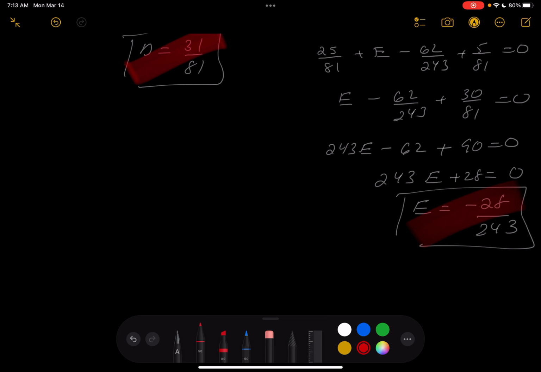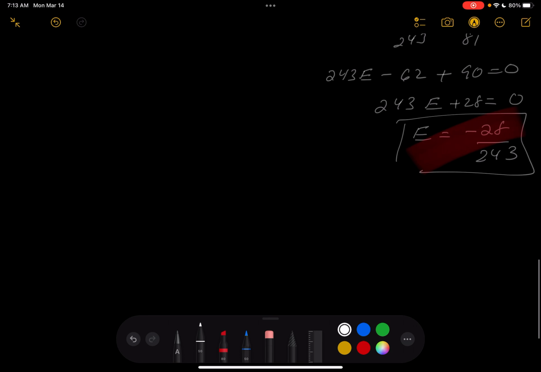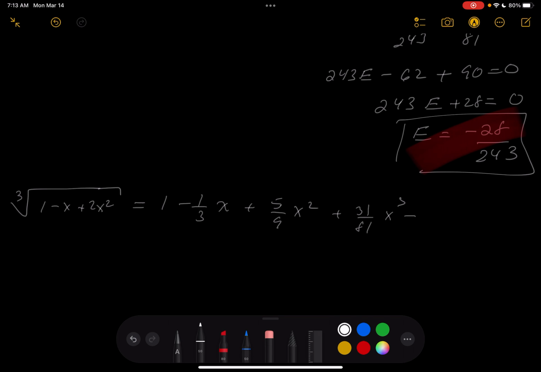Let me write the answer down now. Cube root of 1 minus x plus 2x squared is equal to 1 minus 1/3 x plus 5/9 x squared plus 31 over 81 x cubed minus 28 over 243 x to the fourth plus yada, yada, yada.